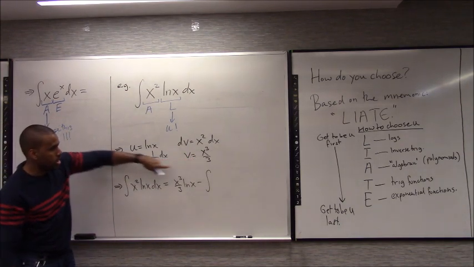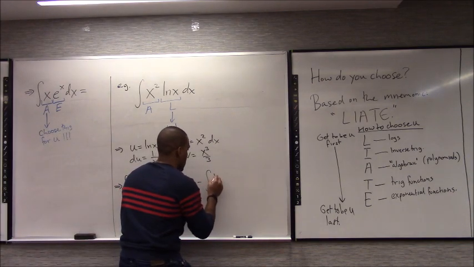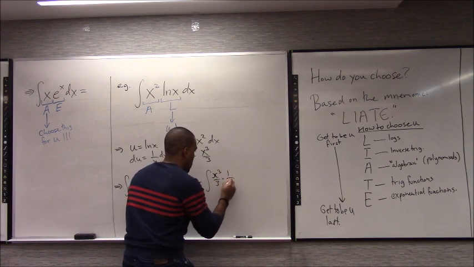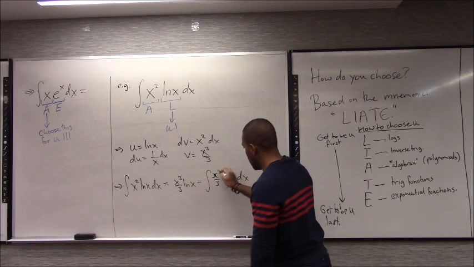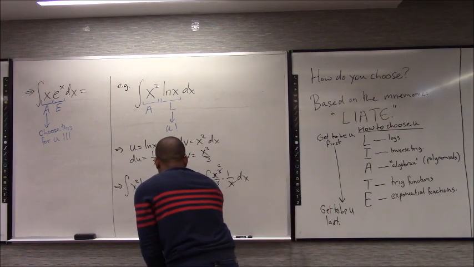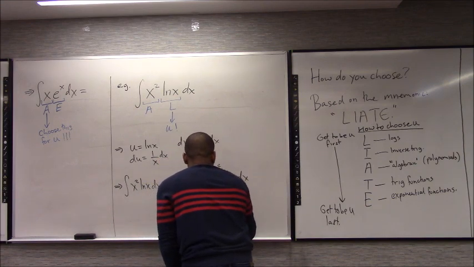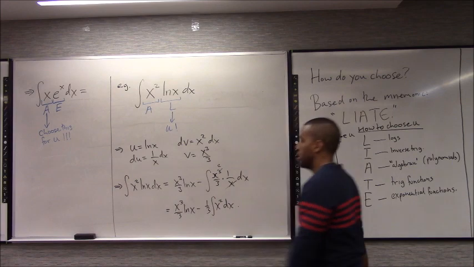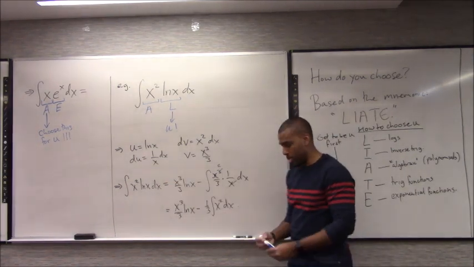Now when I multiply these two, the x cancels. Let me just write it. What we're going to notice here is that this x is going to cancel into one of those x's. And so I would get x cubed over 3 ln x minus 1/3 times the integral of x squared dx. And look at that. The integral on the right side is a lot easier to compute than the integral on the left side.